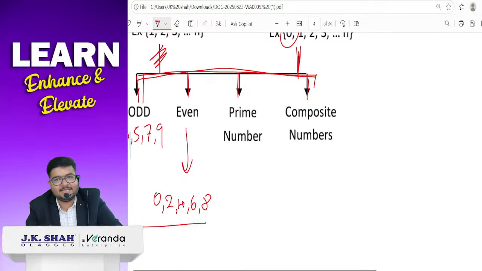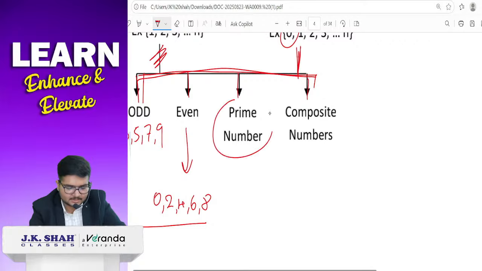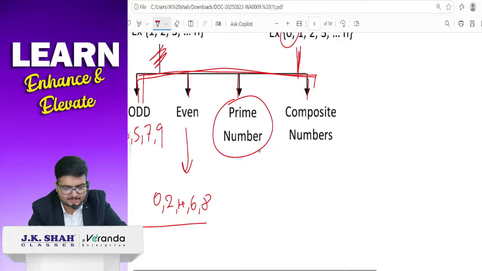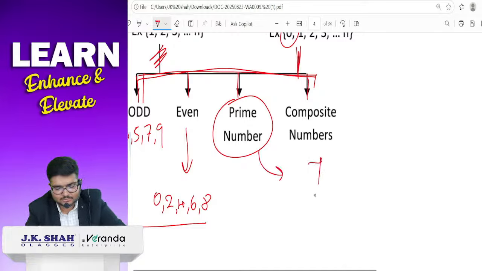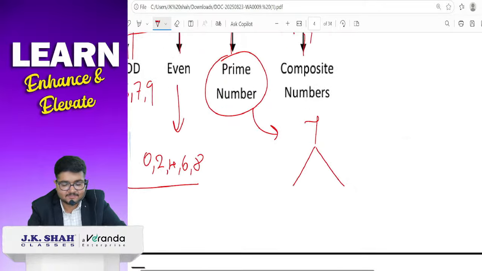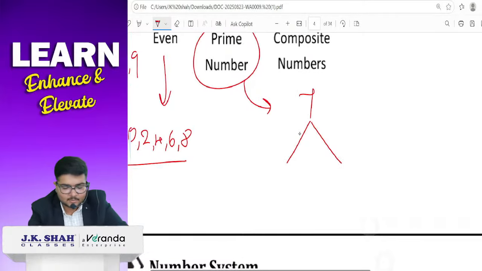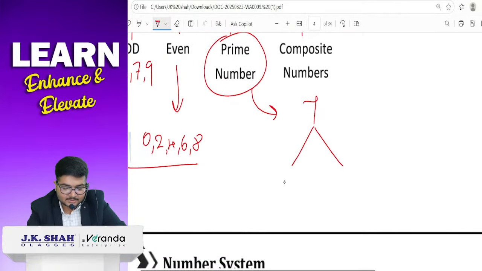Very basic, very easy. Now comes the most important part of the chapter, the most important part of this flow chart, that is prime numbers. Now what are prime numbers? Let us take an example. What are the factors of 7? 1 and 7.